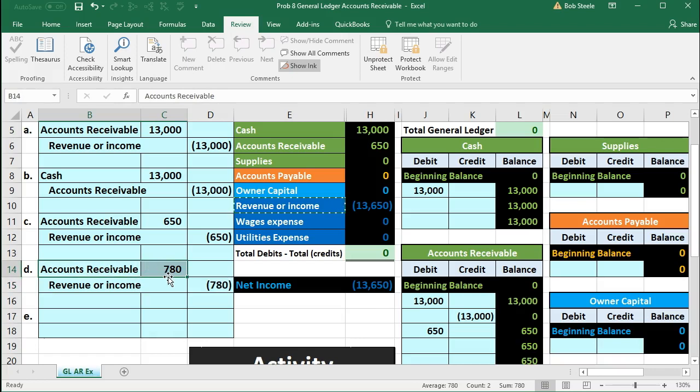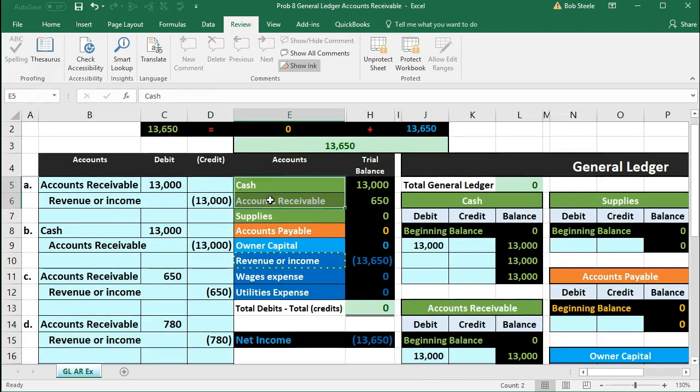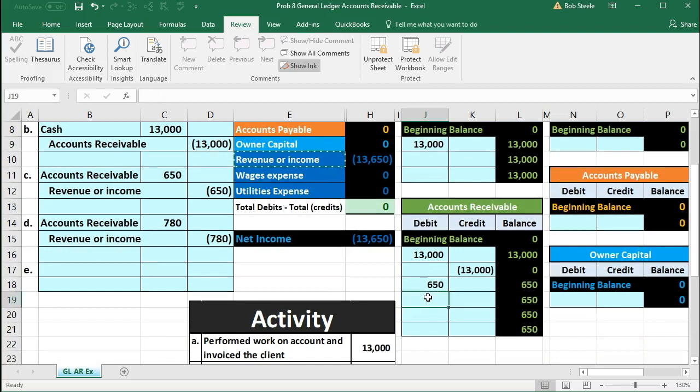So we got accounts receivable 780. That's the second account on our trial balance, and therefore second account on the general ledger. And we're going to just go to the next line down. That is on J19. So we're in accounts receivable, we're on the debit side, cell J19, and we're going to use a formula, equals, and point to this 780.